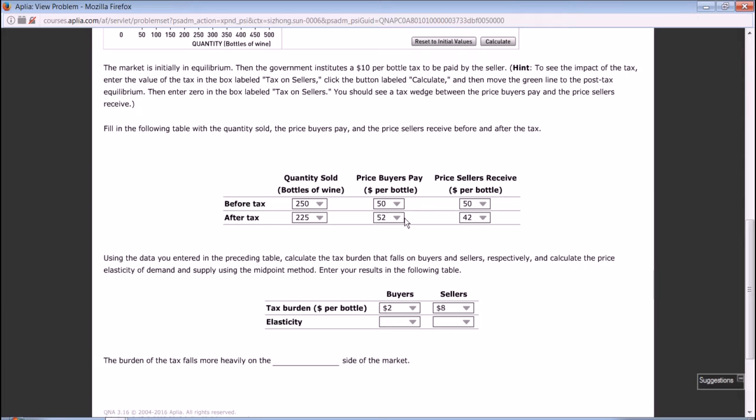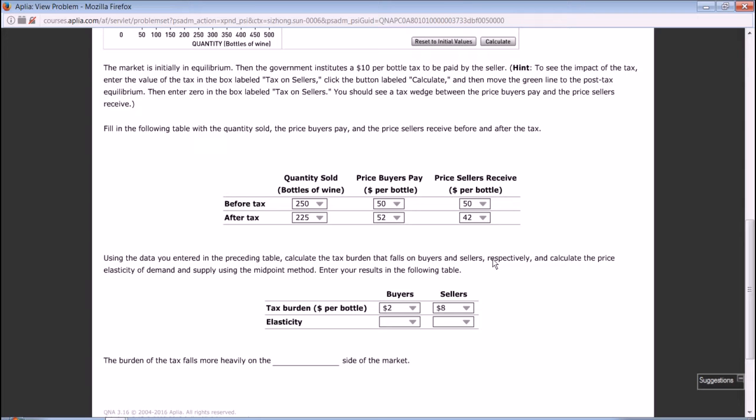Elasticity. So price elasticity of demand is the percentage change of quantity over the percentage change of price. The percentage change in quantity is equal to the ending quantity, 225, minus the beginning quantity, 250, divided by the midpoint between the ending and beginning quantity.